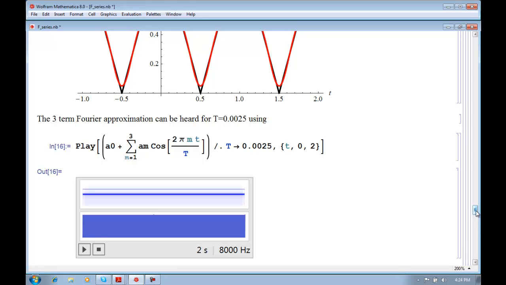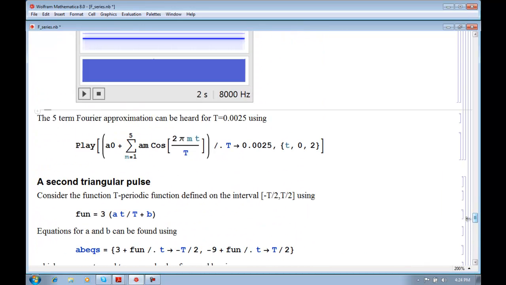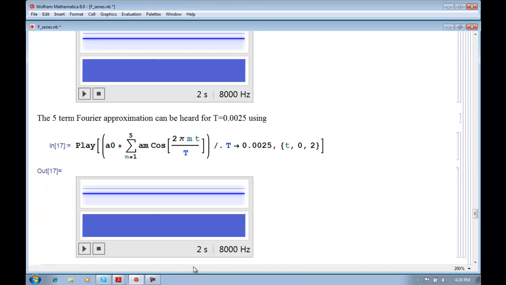And we can play the 5-term approximation using this. Which sounds pretty much the same as this.